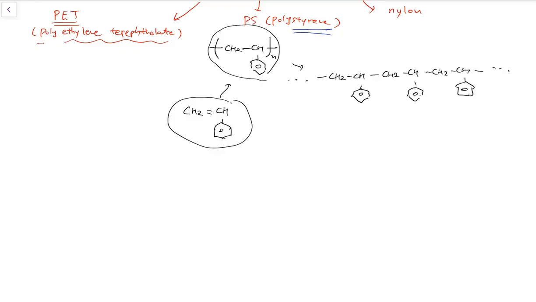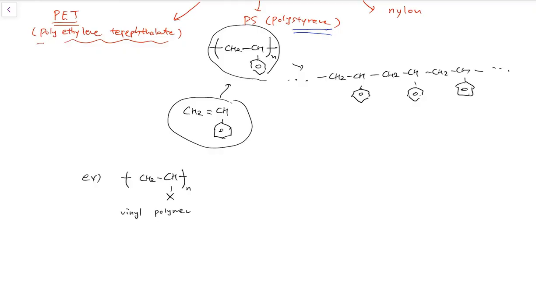There are also polymers with similar structures, which are called vinyl polymers. So we call this kind of polymer structure a vinyl polymer.